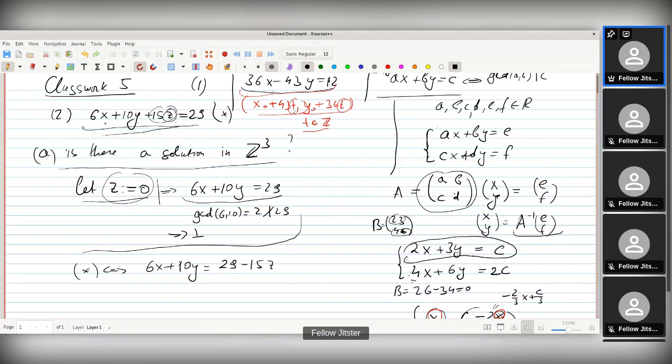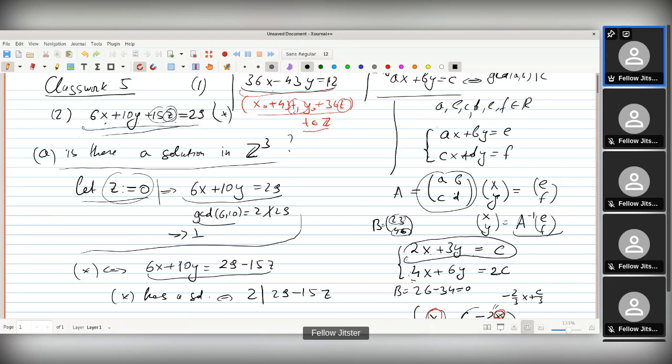Do you agree? Yes. So when does it have a solution? We see that it has a solution if and only if 2, the greatest common divisor, divides 29 minus 15z.